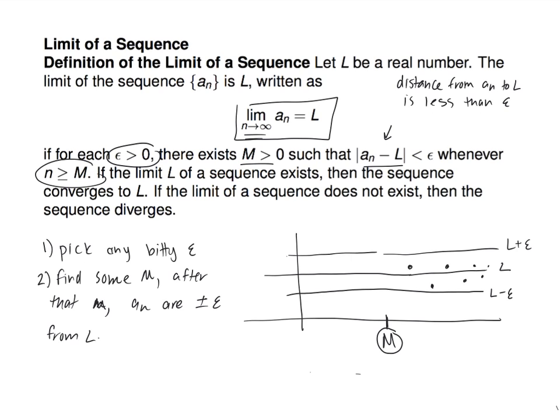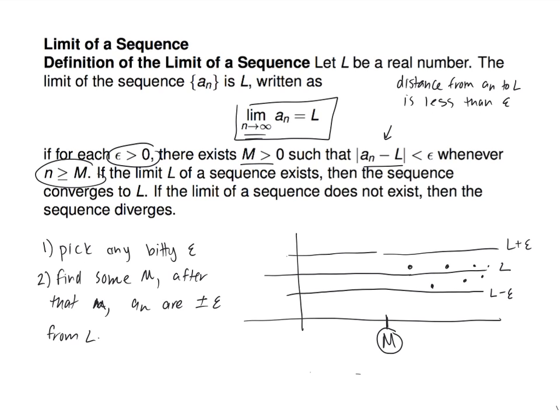And for this, I think Jill has the best analogy. It's really great. She says that you have an adversary, your arch enemy, who picks a super small epsilon, like 1/1,000,000th. And you say, oh, no, after I get past this point, I'm within 1/1,000,000th. And no matter how small a number your adversary picks, you can always find a number such that after that you're within that little bit.